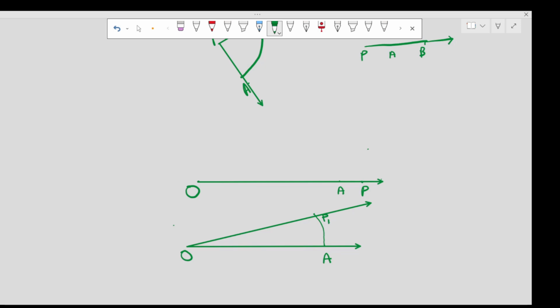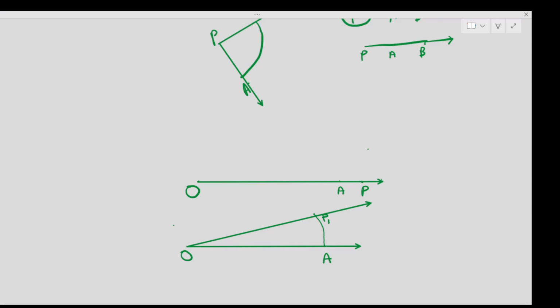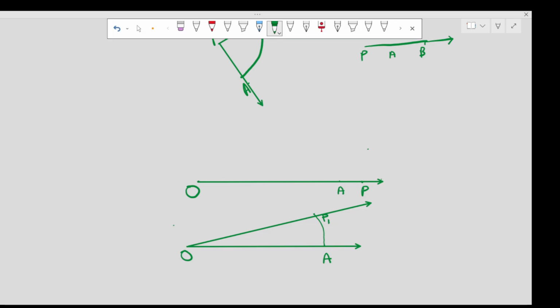See this angle. If line OP is revolved again in the anticlockwise direction, think of this as another position. Always remember OA is fixed. O is called the vertex, and OA is called the initial line. Sometimes later you will think of O as the origin.